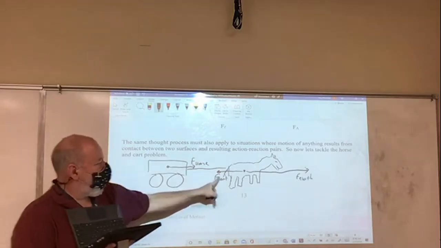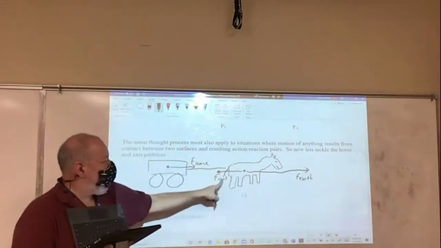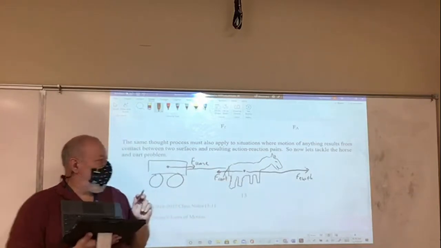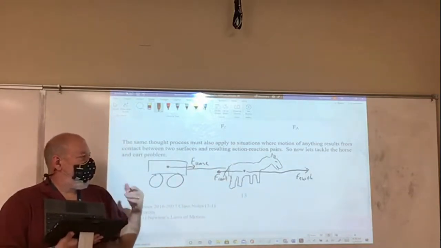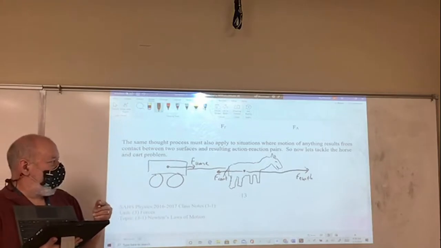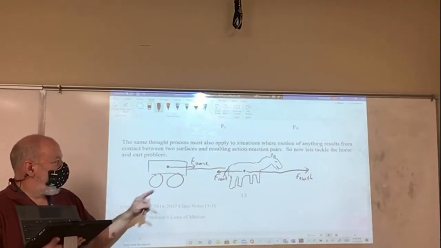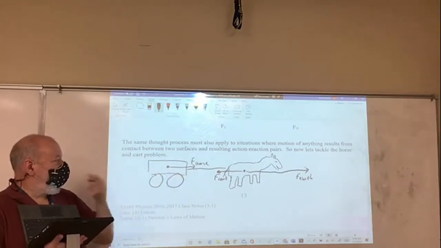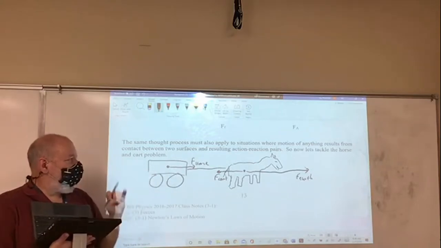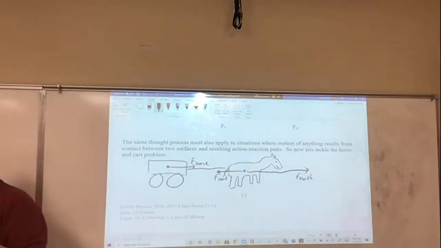Okay, so the force of the earth on the horse is going to be greater than the force of the cart in the backward direction, so the cart will still accelerate. Okay, now, what kind of forces are acting on the cart other than the horse?